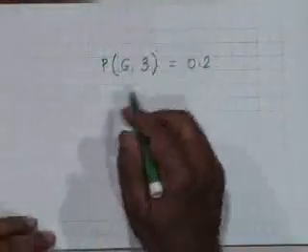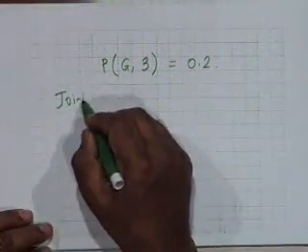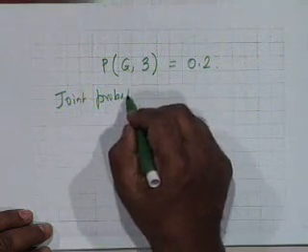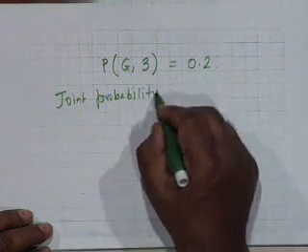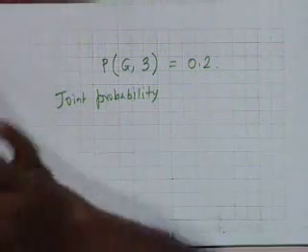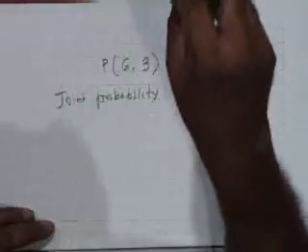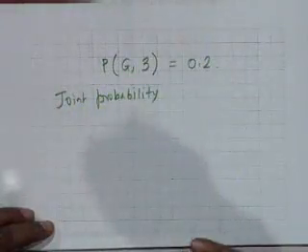This is called a joint probability. Why joint? Because two characters are attached to the event. The outcome is not just color, but also the weight. How many such joint probabilities will exist in this experiment? Total 12.